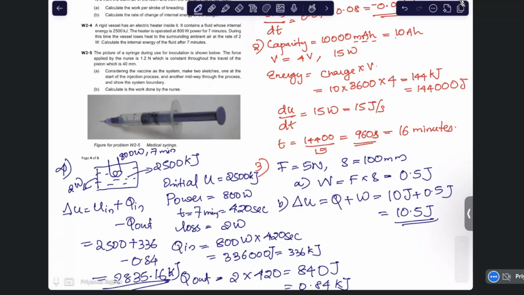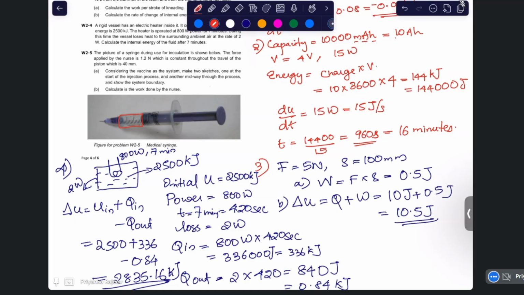Okay, so piston cylinder arrangement, so this will be the system. Inner wall of the piston will be there. Okay, so this will be the system boundary. So vaccine is the system. So it will be enclosed by the cylinder walls, the cylinder of the syringe.